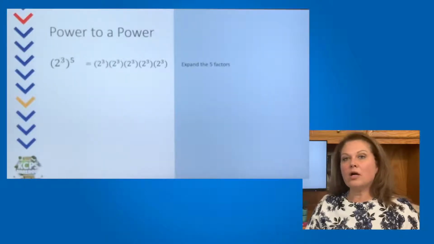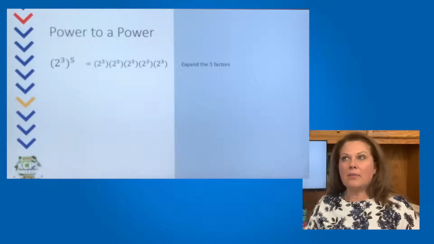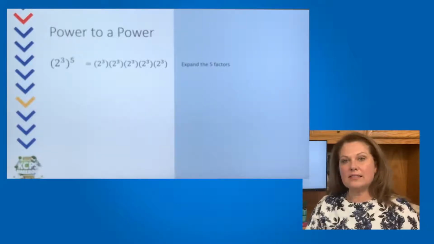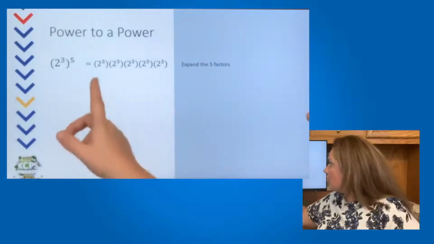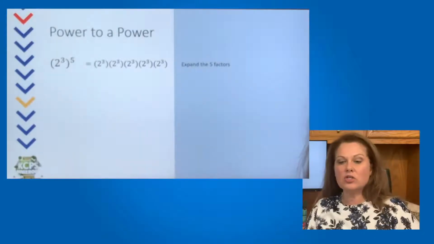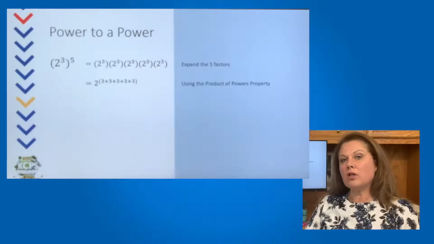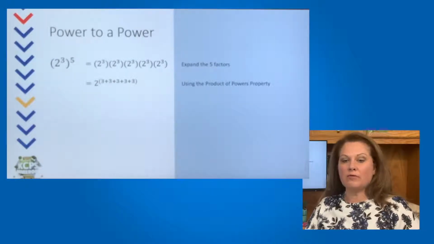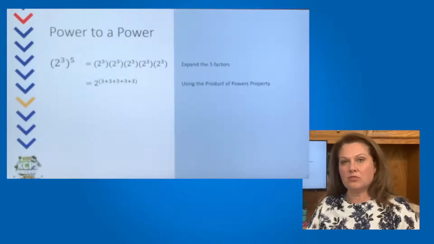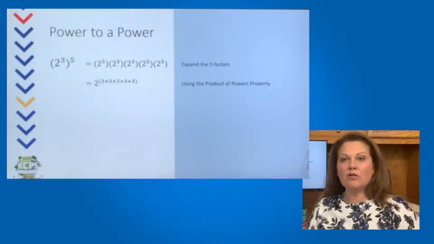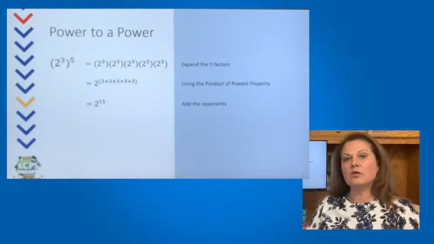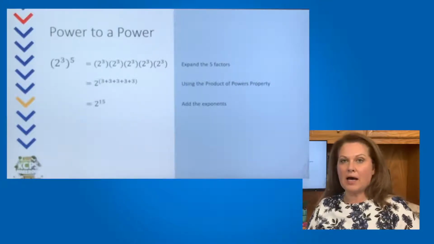Now remember, with the product of powers, we can simply add our exponents if we have the same base. We have the same base of 2, so that would look like 2 to the power of 3 plus 3 plus 3 plus 3 plus 3. If you add all of those exponents together, you would get 2 to the 15th power.